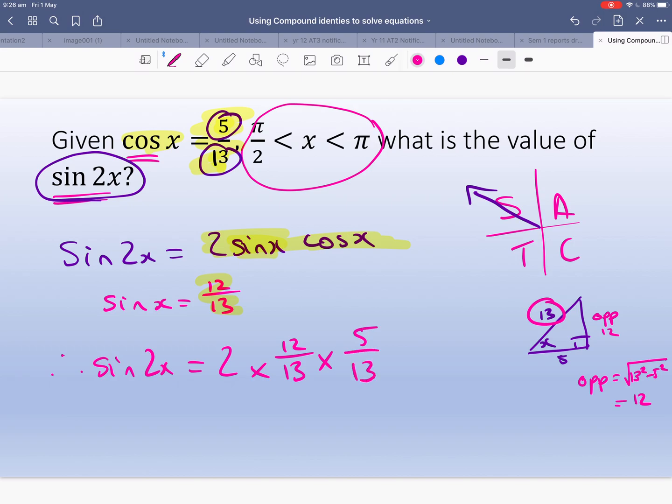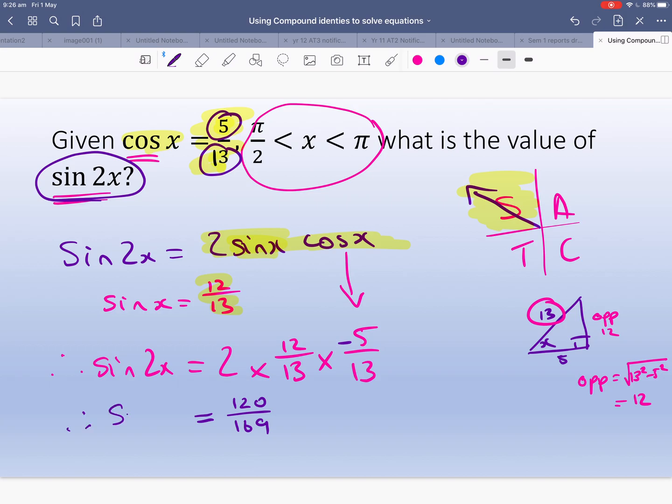Now there's just one caveat. We're in this quadrant here where only sine is positive. So because this one's the cos, I'm going to put a negative in front of that, which is going to make the whole thing negative. So if we put this in our calculator, we should get 120 over 169.